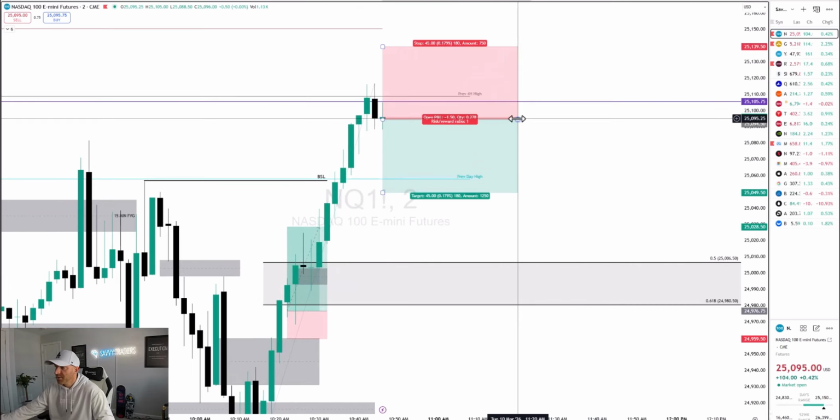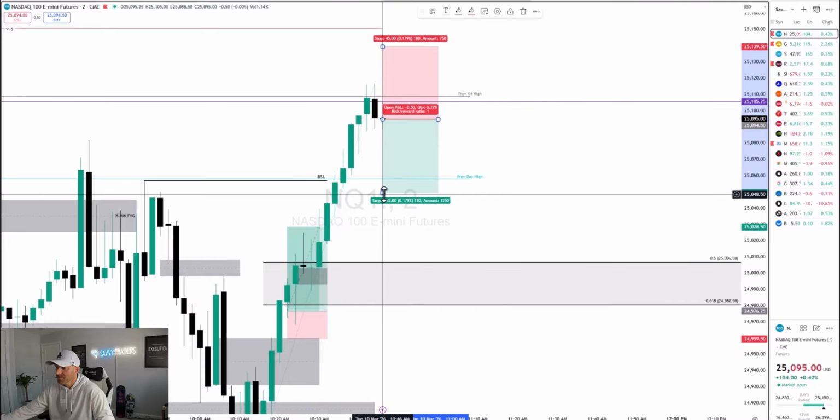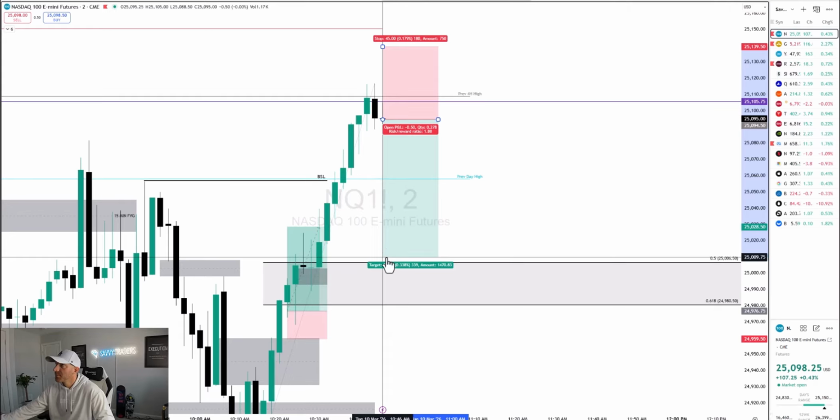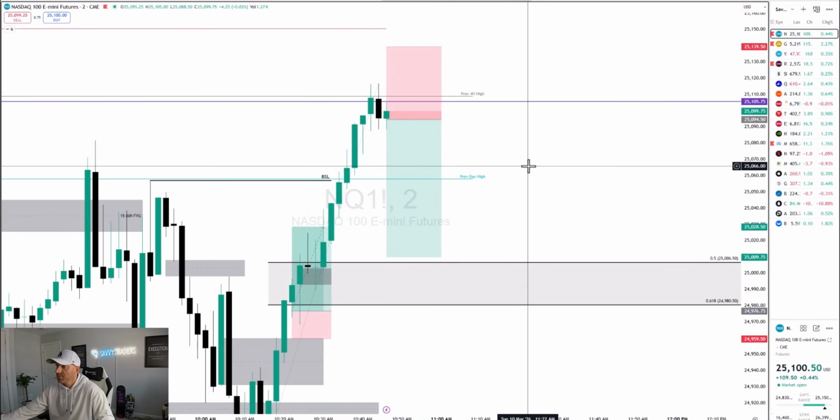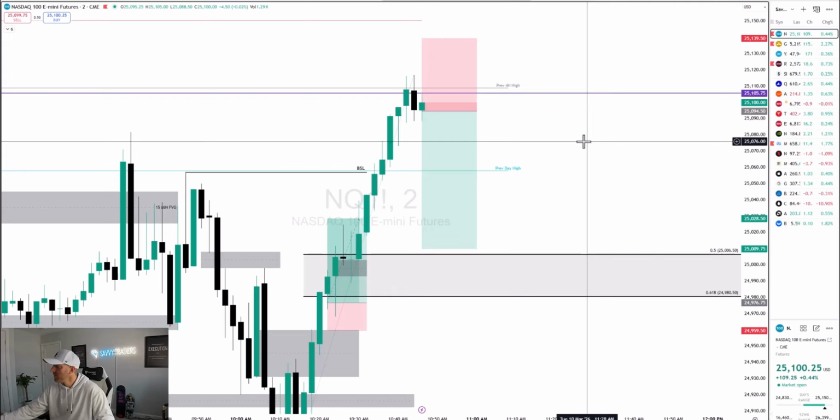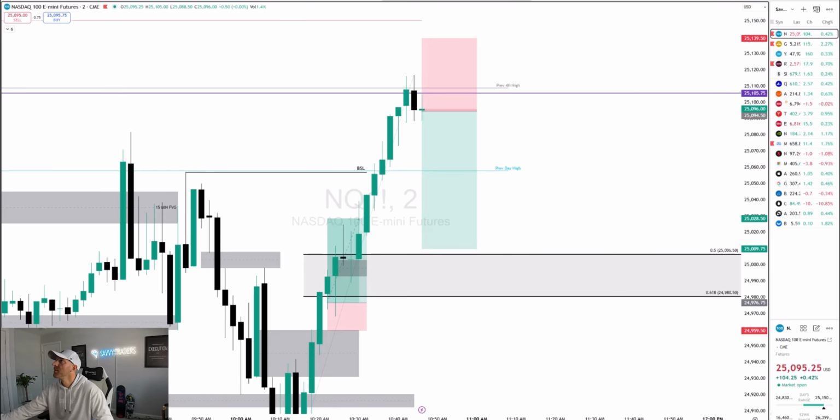Let's just see. Let's frame it out. I could take it with some small size. Just want to see how this candle closes. Sometimes you can get on the intermediate, right away at the M2 sell, but sometimes I'll wait. I'm going to give it a little stab.